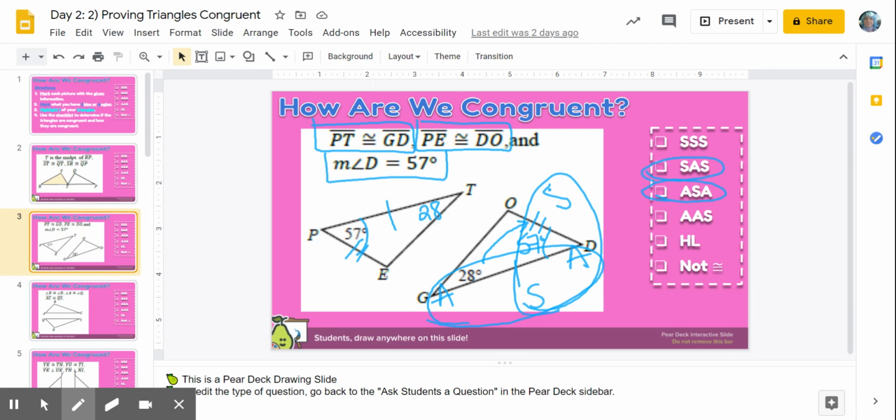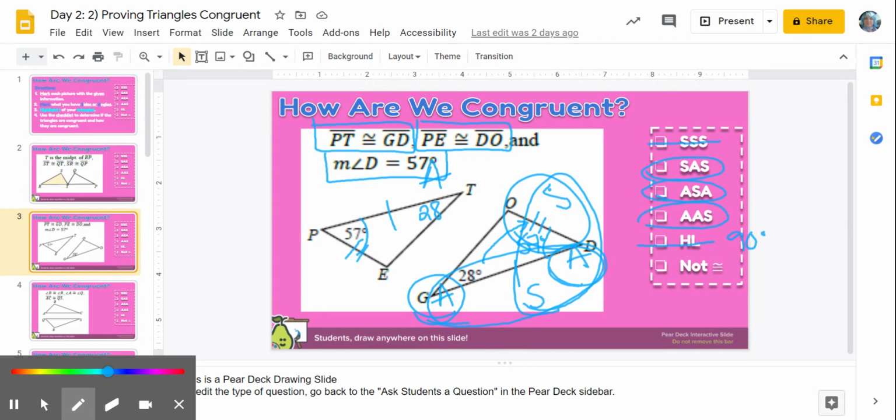But because you're given an angle here, it can't be side, side, side. It could also be angle, angle, side. So you could choose that one, but it cannot be HL because there's no 90 degrees. You have to have a 90-degree angle for HL. So it can be any of those three in the middle, with one angle, two angles, one side or two sides.